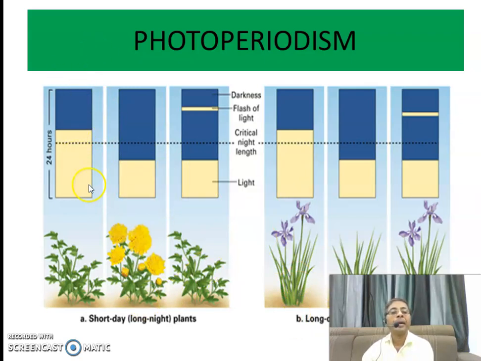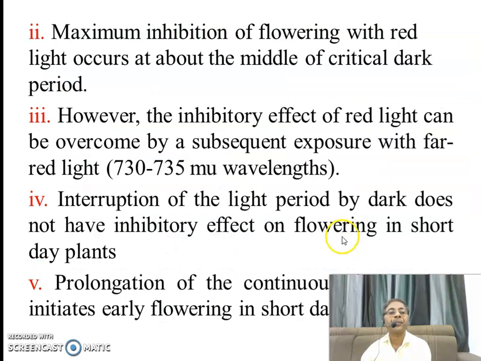The length of the day: short day plants mean long night plants and long day plants mean short night plants. This is the length of the day, 12 hours. Short day plants need less than 12 hours, and long day plants more than 12 hours, in the graphical representation.